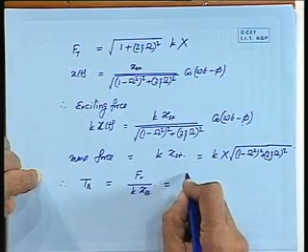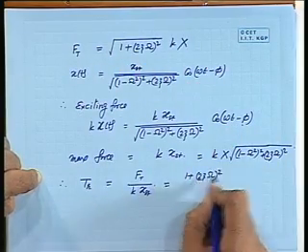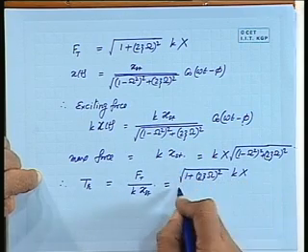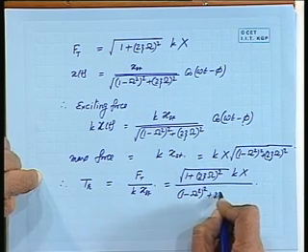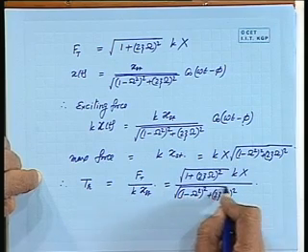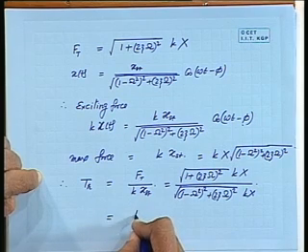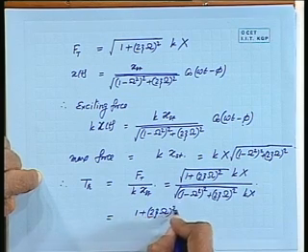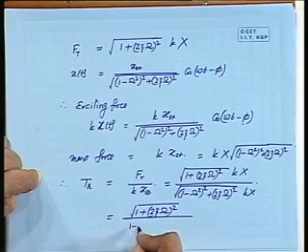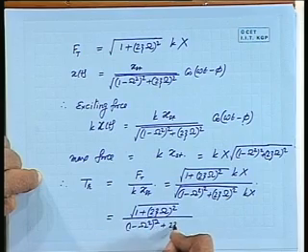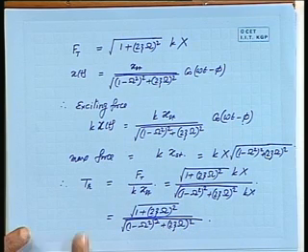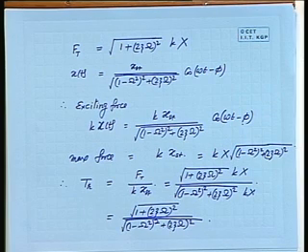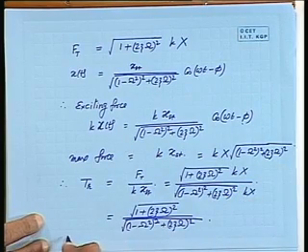So, f of t is this, so this is the final expression for TR. And we normally say the isolation, so 1 minus TR.